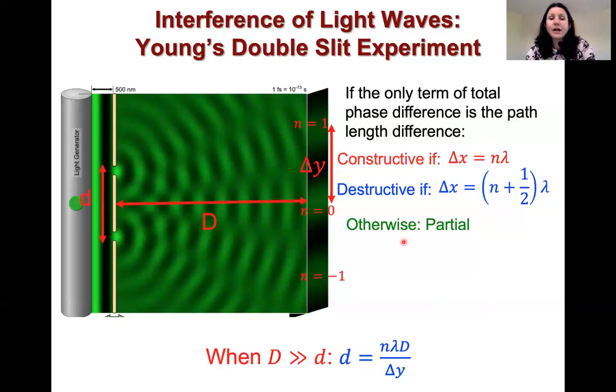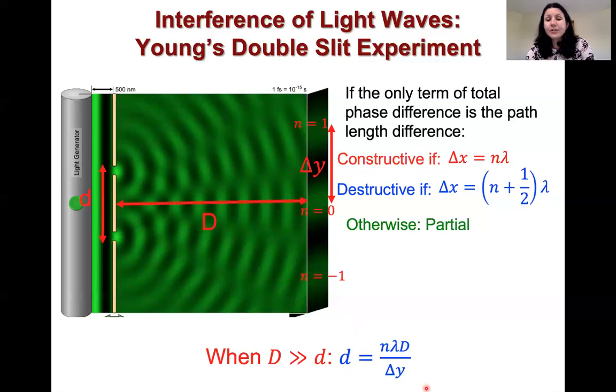We also looked at how to predict some things. Given the distance between two bright spots, which we'll call delta y, in this equation, and given the wavelength of light, here green light (if we were using red light, it would be a different wavelength, so you would get different interference patterns), and the distance to the screen from the slits, you can figure out the separation between the two sources.